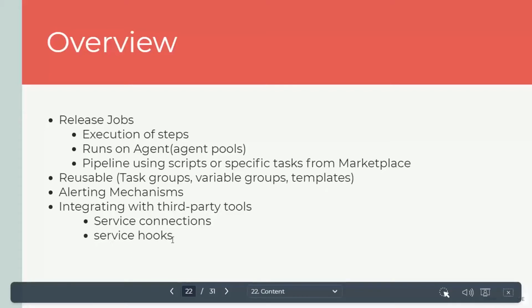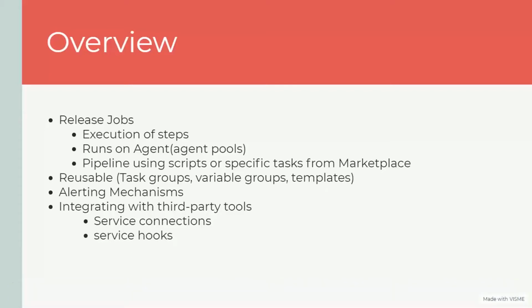And then the service hooks. Whenever a particular event happens, at that time we have to trigger a particular workflow. For example, when the source code has been pushed, we have to run the Bamboo or Jenkins build job, so the build pipeline we have to trigger.